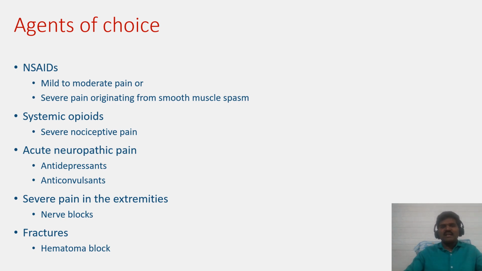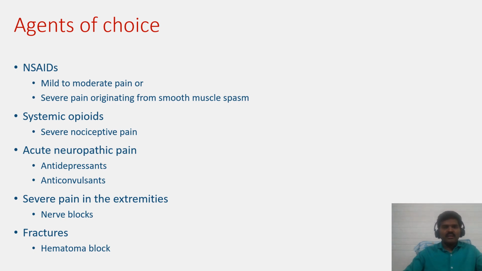Agents of choice that are available to you when you are managing pain include, first and foremost, the class of non-steroidal anti-inflammatory drugs. They can be used for mild to moderate pain and severe pain originating from smooth muscle spasm, and systemic opioids for severe nociceptive pain.